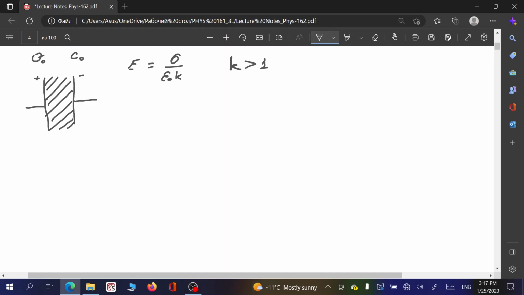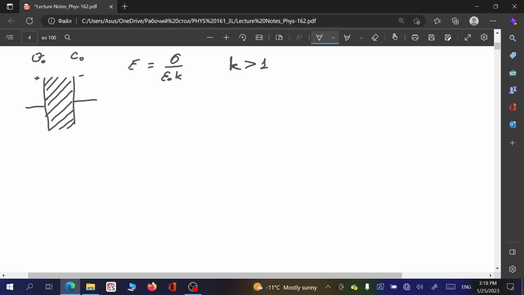So vacuum has a dielectric constant of unity, and air is very close to unity, like 1.0 something. But there are different materials which possess a dielectric constant equal to 10, 20, 100. So you see that with such materials, you can significantly reduce the electric field inside the capacitor.